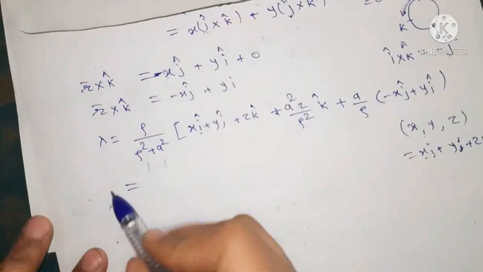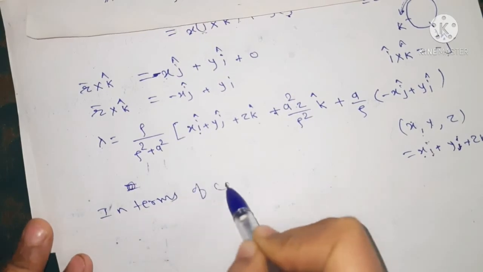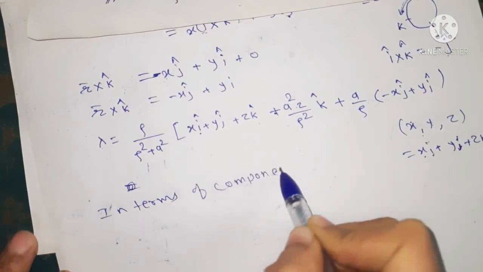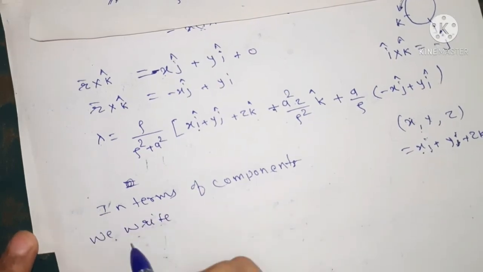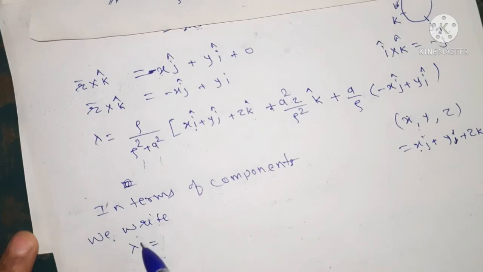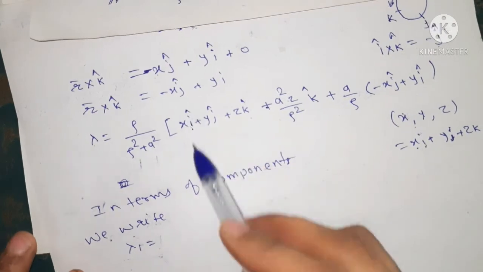So in terms of components, we write lambda 1 will be equal to, lambda 1 means the first component, which is the coefficient of the ith vector.